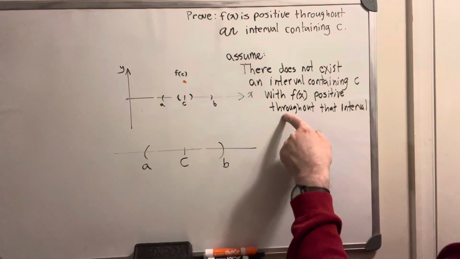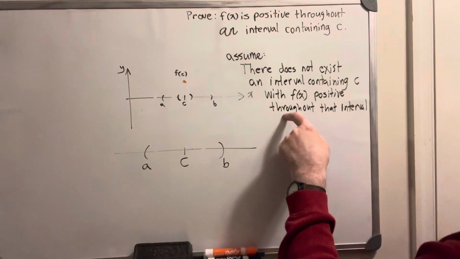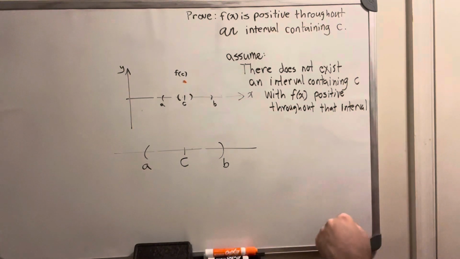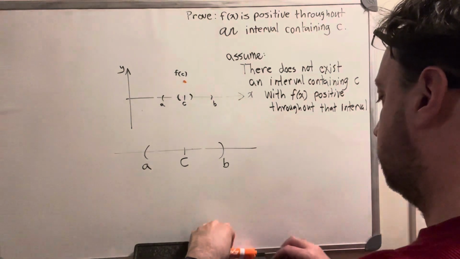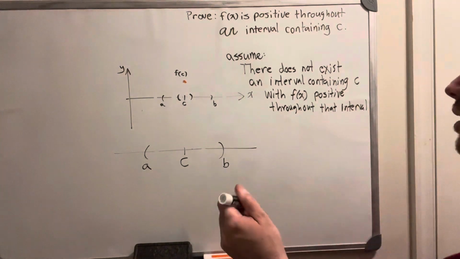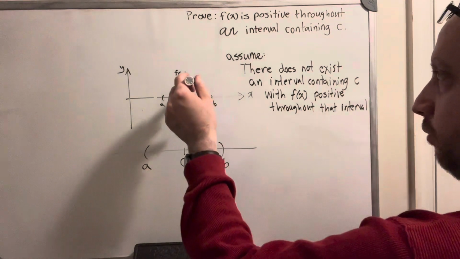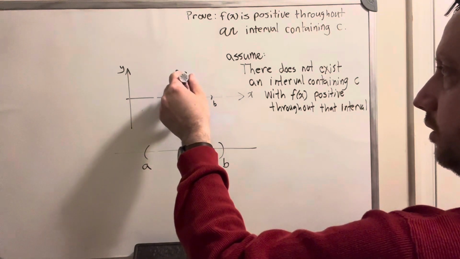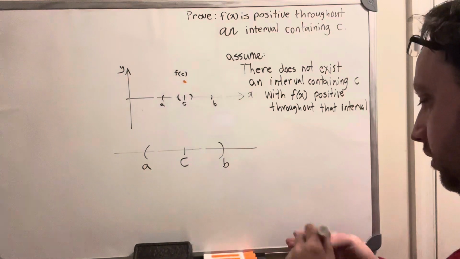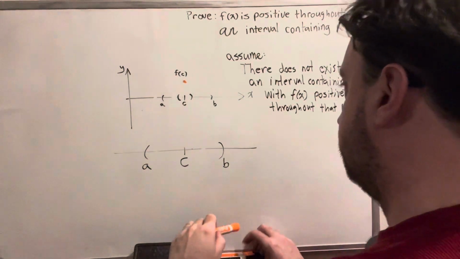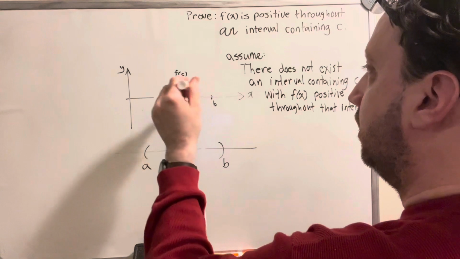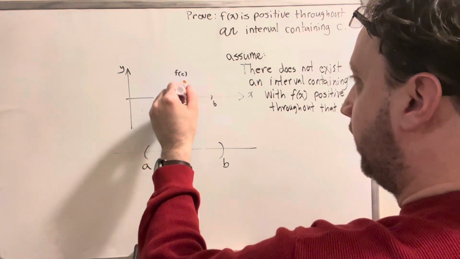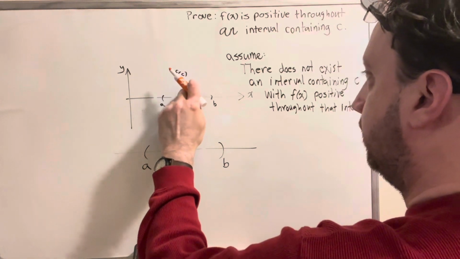So to say there does not exist an interval containing c with f of x positive throughout that interval, there must be a point at which it gets from positive to negative without having any other positive values on its way.